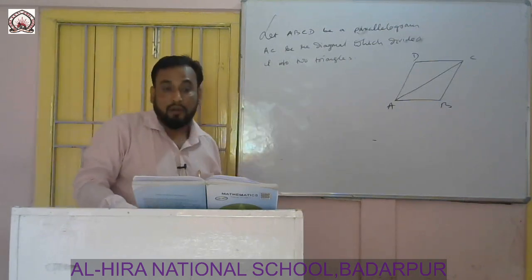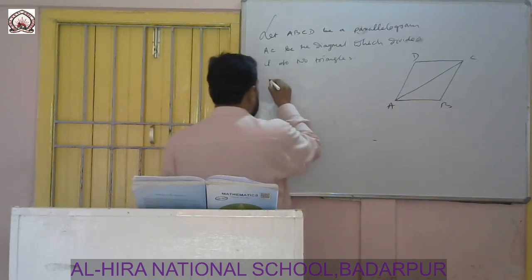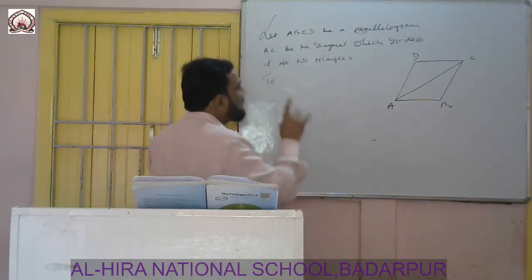After getting 2 triangles, we have to prove that these 2 triangles are congruent. This is our theorem. To prove that, what is to prove?